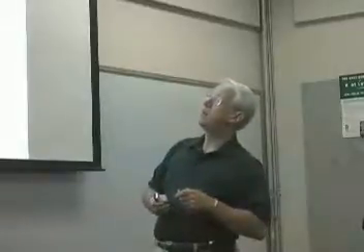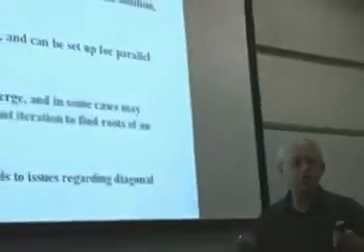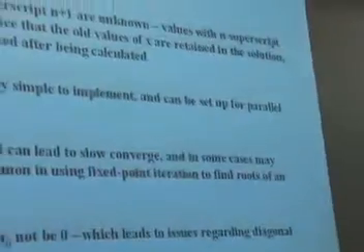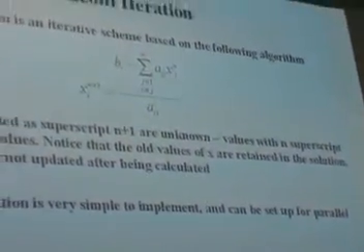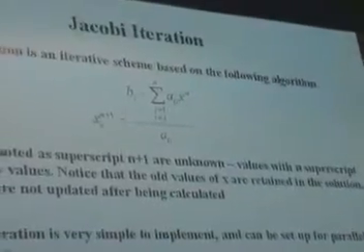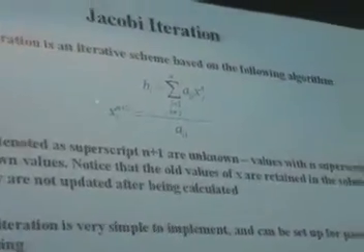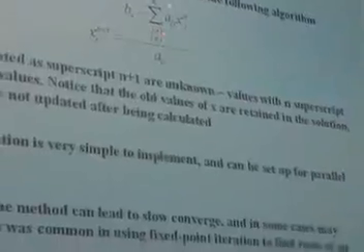All right. Jacobi iteration. Iterative scheme based on the following algorithm. So remember, these things are called recursion algorithms, or recursion relations. It means this is what I would write out in kind of pseudocode. And if I plug in the values for whatever the rows or the columns would be, that would be the statement that I would be solving for.